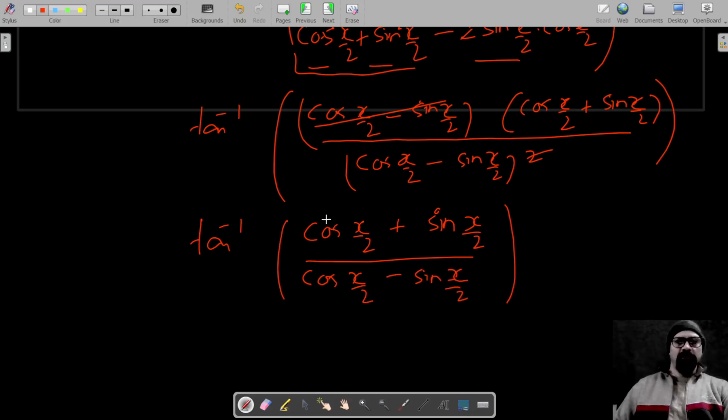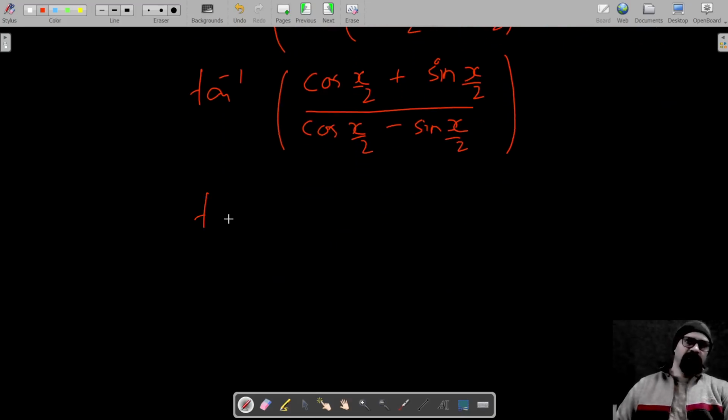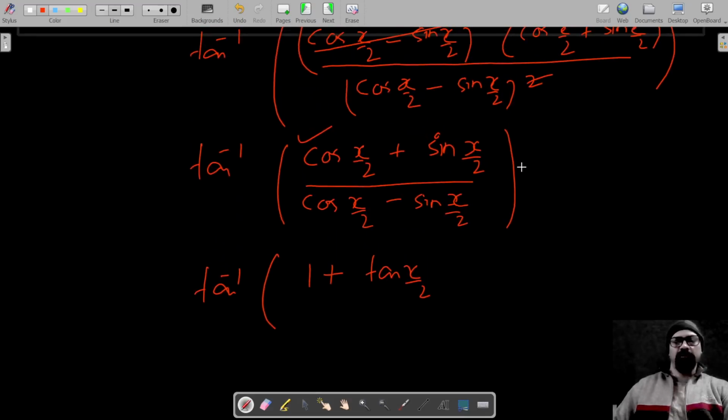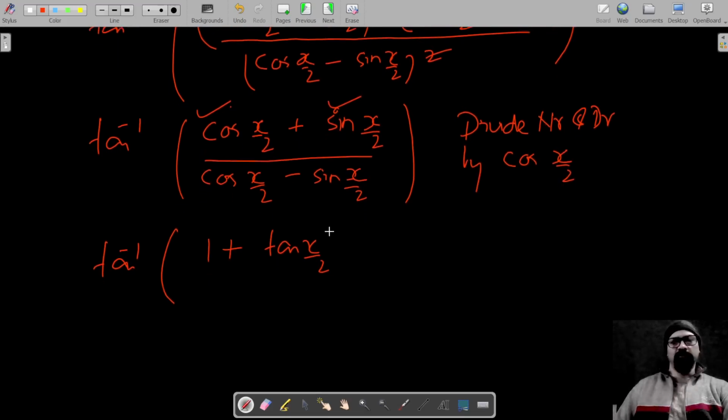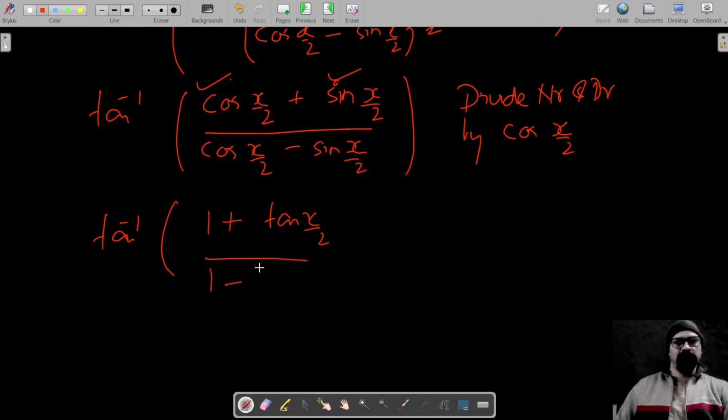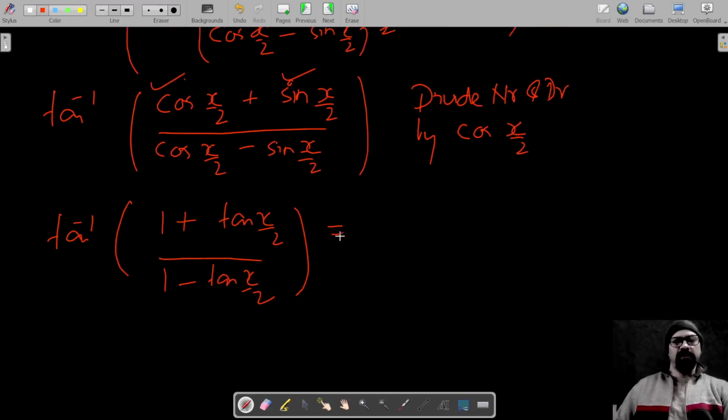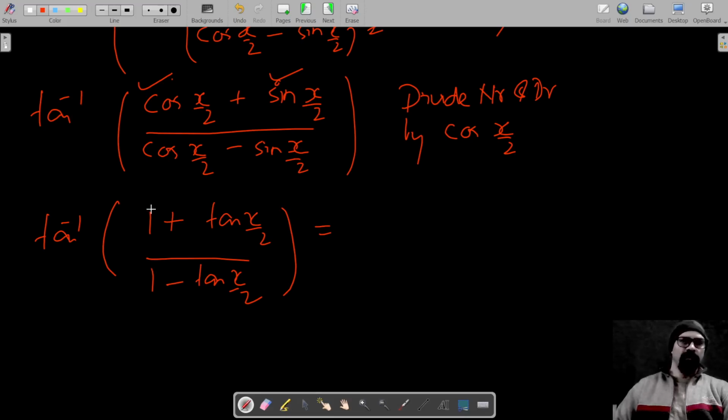Now let's divide each and every term by cos. If we divide this with cos, this is 1. If I divide this with cos, this is tan x by 2. So I am dividing numerator and denominator by cos x by 2, which gives me tan inverse of 1 plus tan x by 2 upon 1 minus tan x by 2.